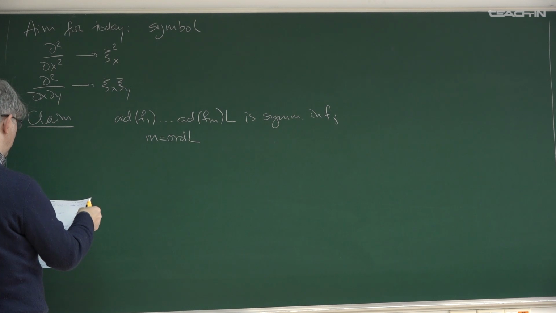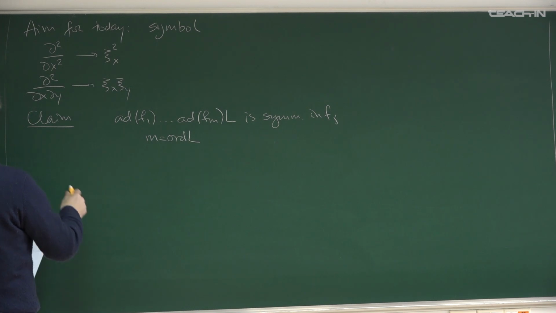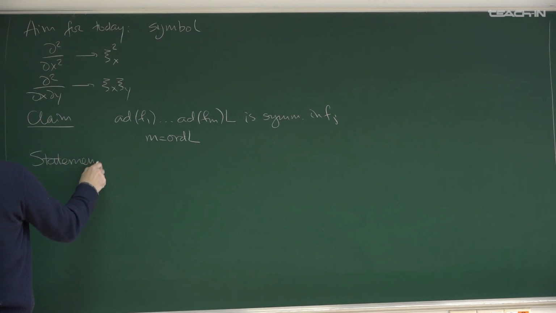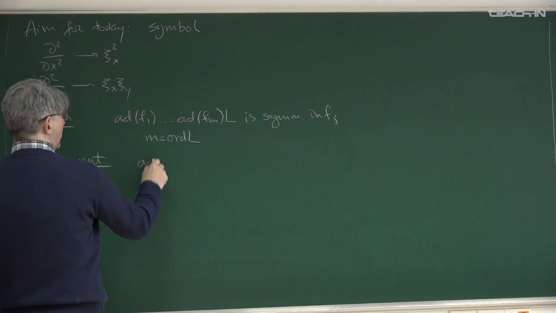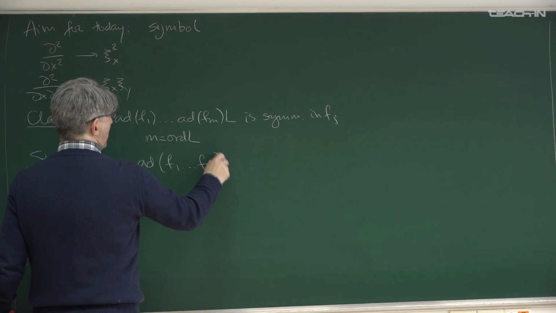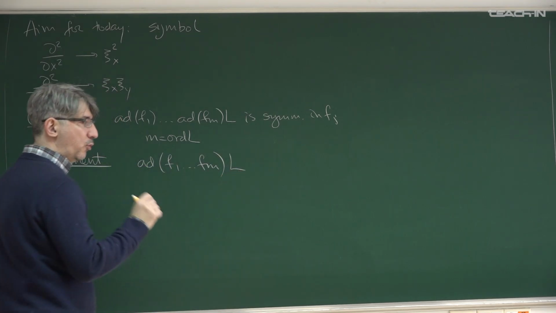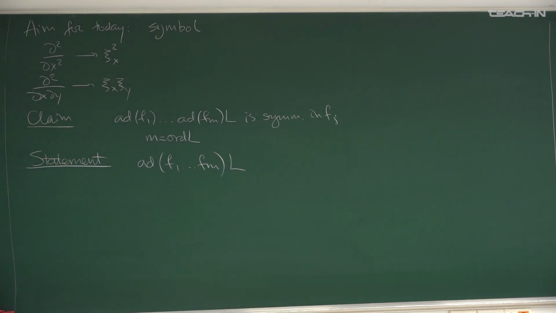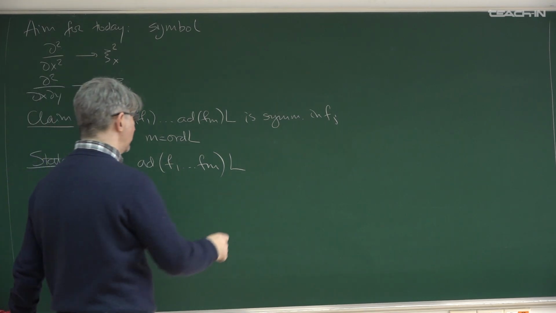So the next statement is as follows. Assume we consider ad of such type, but with one of the functions belonging to the square of the ideal.